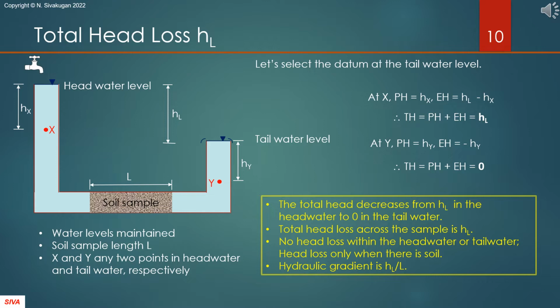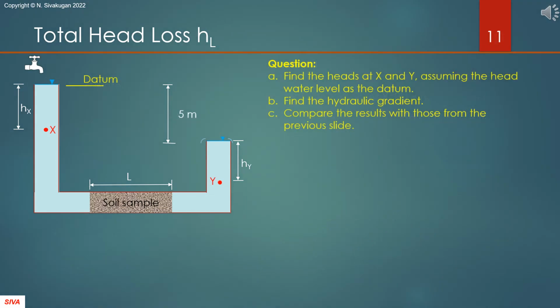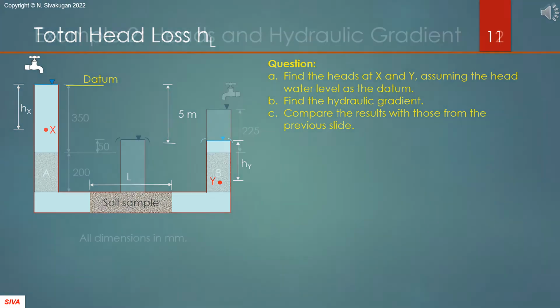You can see that the head loss occurs only within the soil. There is no head loss within the water columns. The entire head loss HL occurs across the soil sample of length L, and hence the average hydraulic gradient across the sample is HL on L. From this exercise, you see that no matter where you select the datum, the hydraulic gradient is the same.